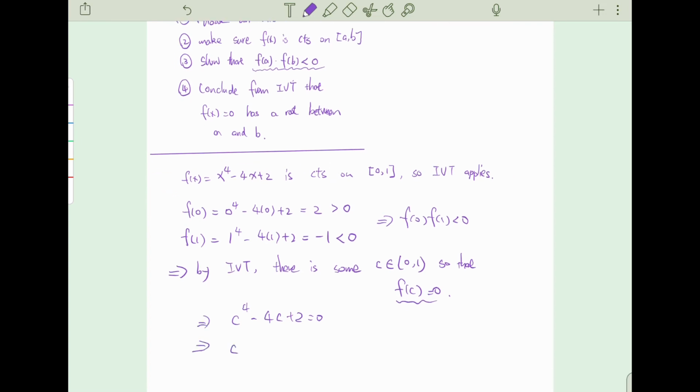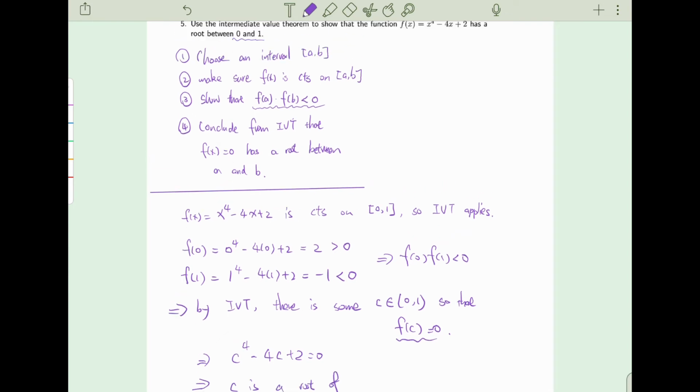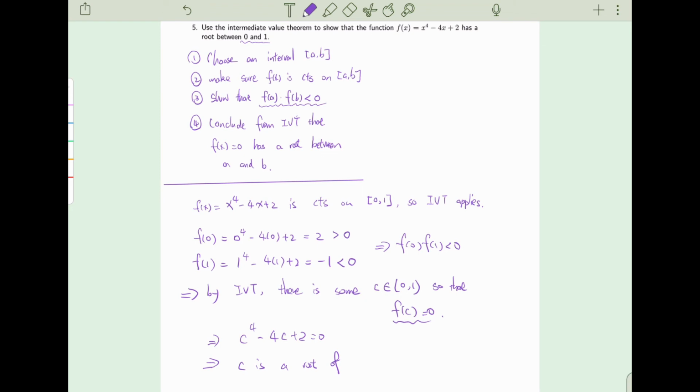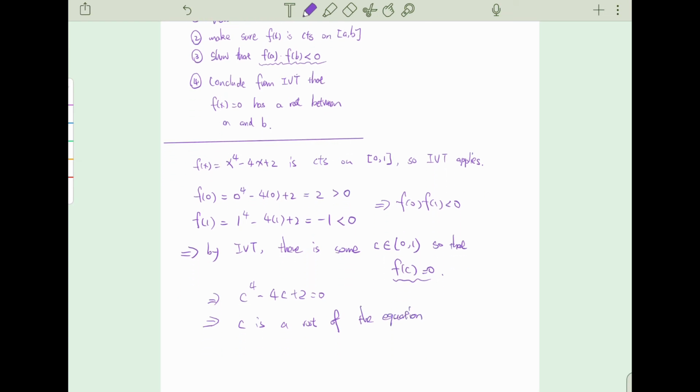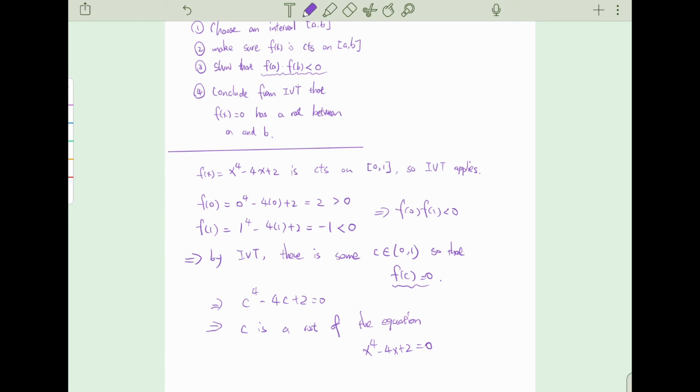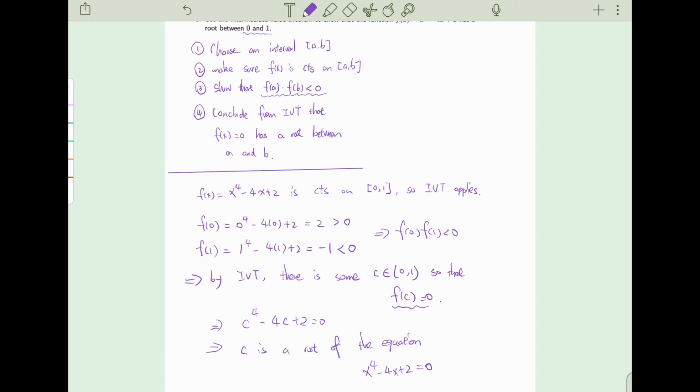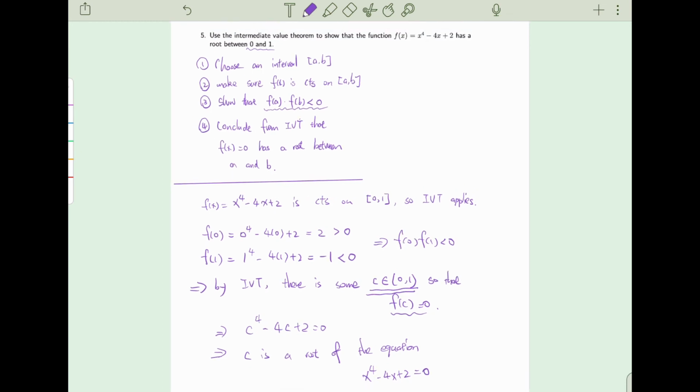Meaning that c is a root of the equation x to the 4 minus 4x plus 2 equals 0, right? And we know that c is in between 0 and 1. So that is how the root of the equation is related to the intermediate value theorem.